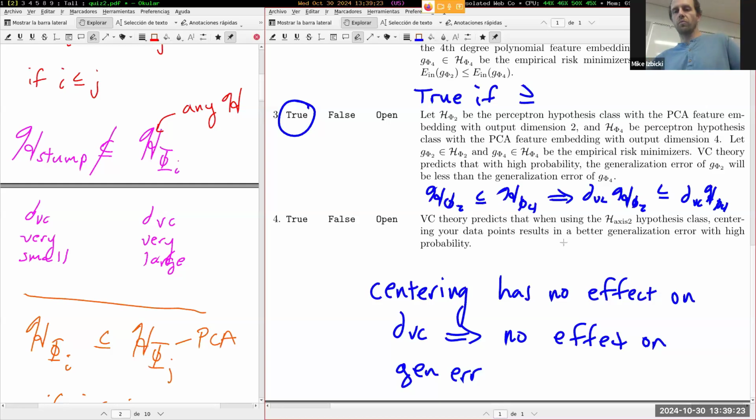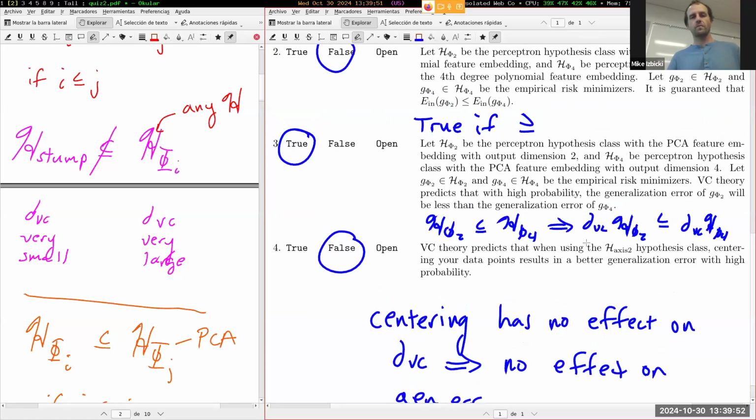So the question is stating that there will be an effect, but there is no effect, and so it should be false. In general, centering, the only way that it can help is on your in-sample error or your computational performance. It's never going to help on your generalization error.